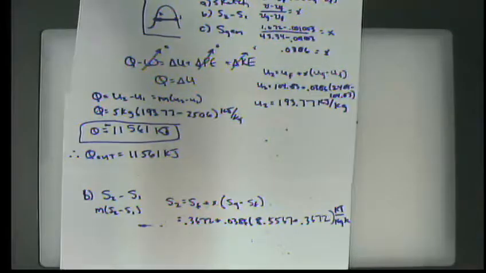Okay, so here's my cursor. Let's go ahead and do the math. 8.5567 minus 0.3672. Multiply that by my X, 0.0386. Oh, my calculator just went away. That was fun. Let's do it again.